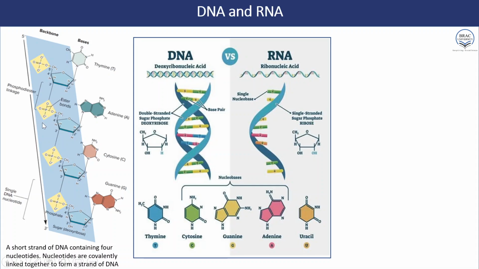So this phosphate group is linking the nucleotides, and the bonding of these two oxygens is called the phosphodiester bond, or phosphodiester link.